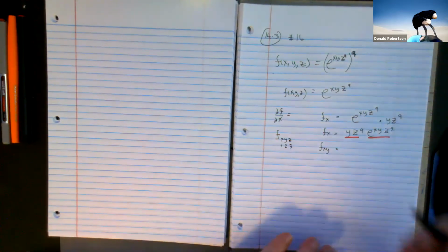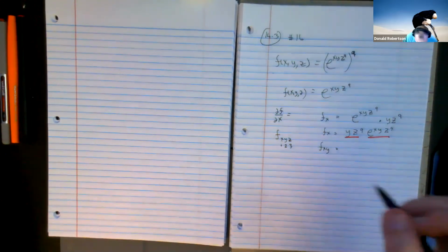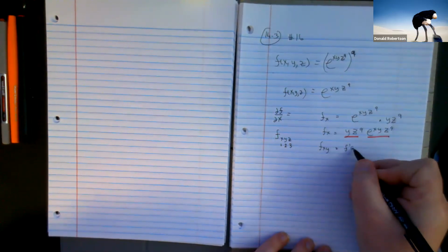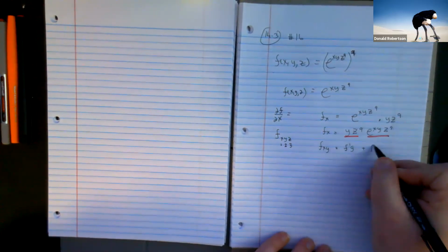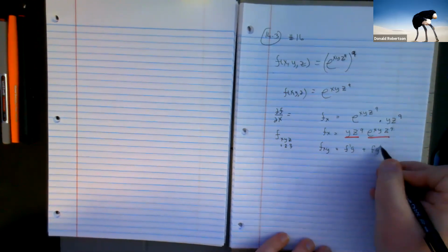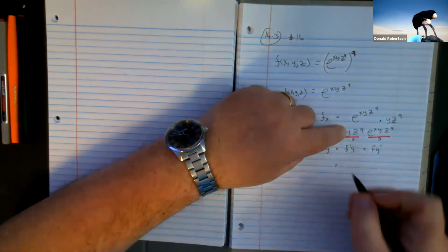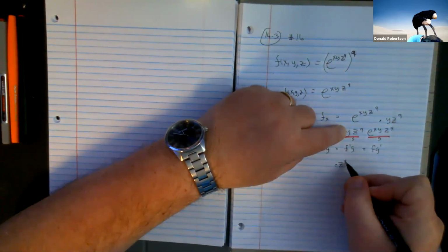If I'm differentiating something with a y times something else with a y, it's going to be a product rule. So I'll use the generic product rule formula, and I'll call this f and this g. You differentiate this with respect to y, you get that, and you leave this alone.